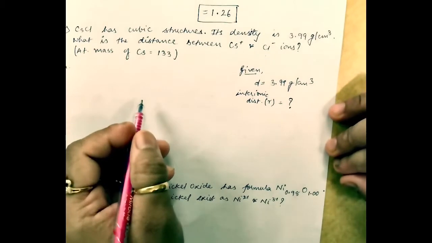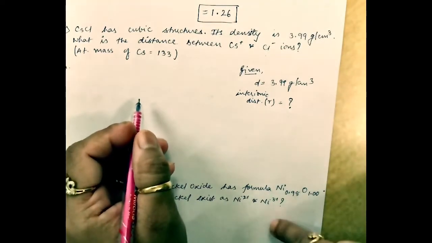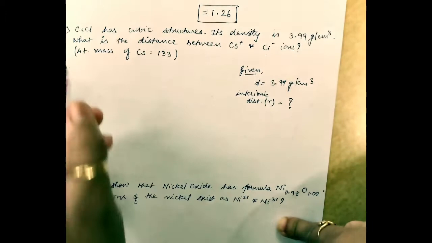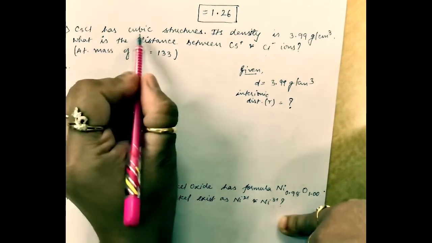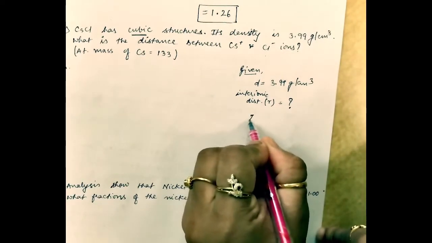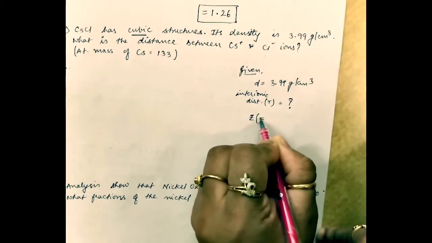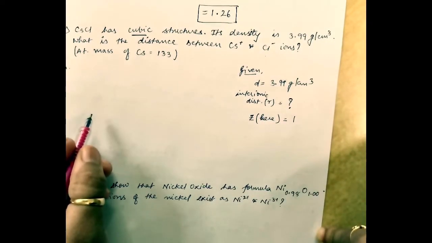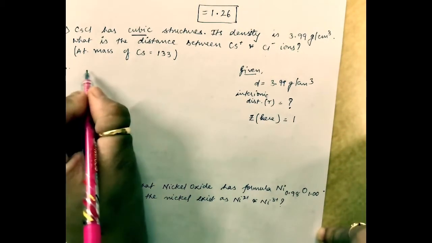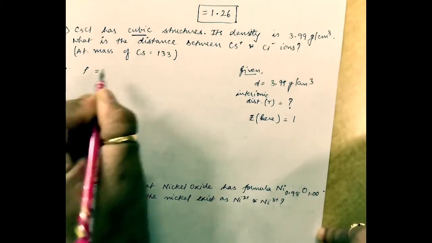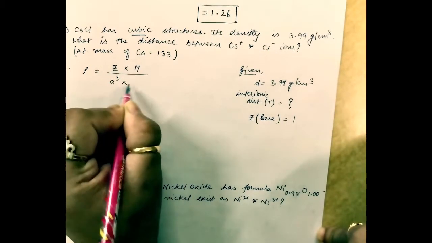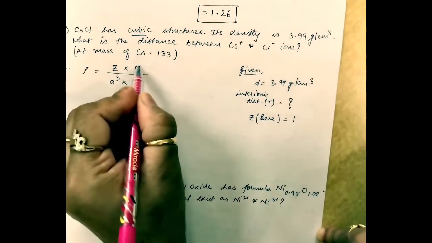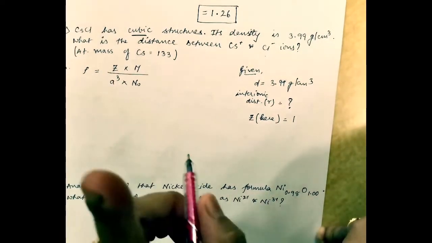Okay, fine. Now here, students, one very important thing is, it is told that CsCl has a cubic structure. So Z here would be equal to 1. Z effective would be 1. Now let us put the formula for density as Z effective into M divided by A cube into Avogadro number. Now here the molecular mass of CsCl is not directly given.